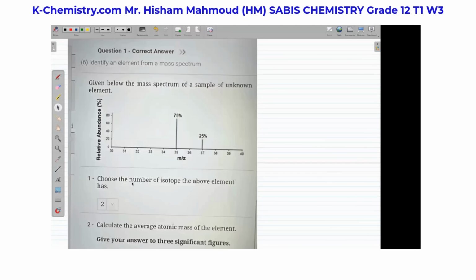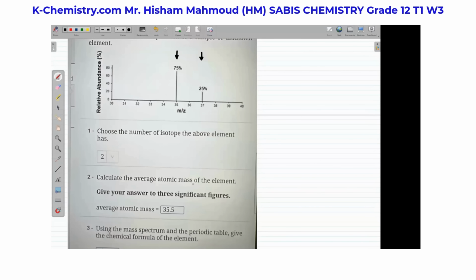Like we said last week, choose the number of isotopes of the element. Since you have 2 peaks, then you have 2 isotopes. This is the first peak, first isotope, and the second peak is the second isotope. If you have 3 peaks, it will be 3 isotopes, and so on. Calculate the average atomic mass of the element.